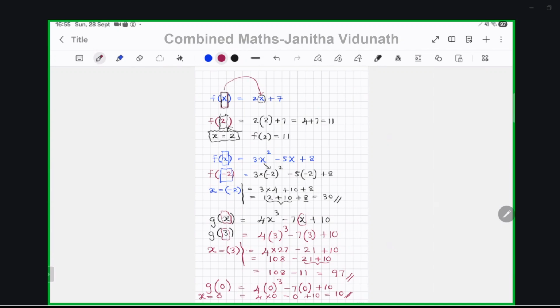Simply, instead of the variable, we need to put the value. The variables can be x, y, w, anything. We simply need to replace the variable with the number inside the bracket. That is the very simple theory.